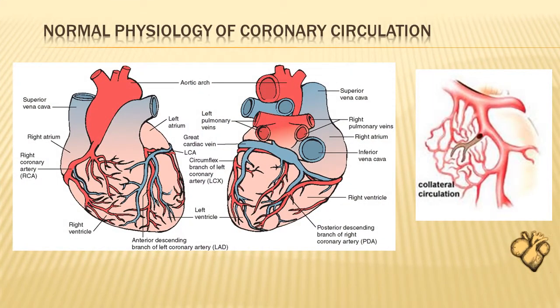Here's another picture, and I'm going to talk about collateral circulation and how important that is. Collateral circulation is basically a network of tiny blood vessels, and under normal conditions it's not open. However, when the coronary arteries get occluded or their blood flow is restricted, such as in coronary artery disease, these collateral vessels can enlarge and become active.